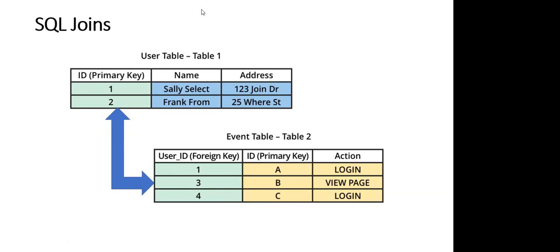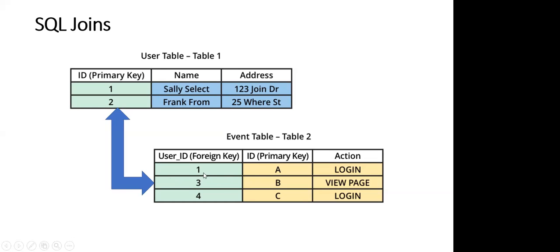So for the user table, let's say I have 10 customers, so I'll have only 10 rows in the user table. Every row is for one customer, right? But in the events table, one user can carry out multiple actions. User 1, for example, can log in. User 2 can log in and view a page, right?